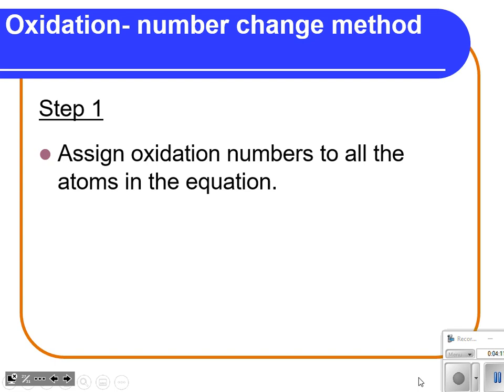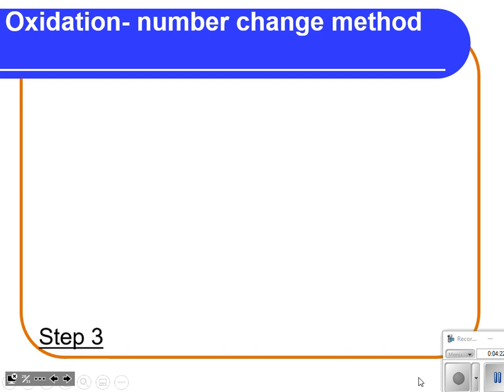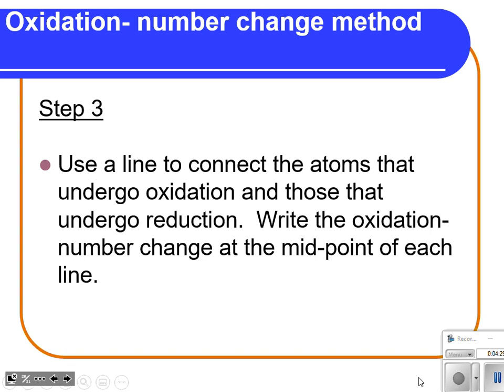Step number 2 is to identify which atoms are oxidized and which atoms are reduced. The third step is to use a line to connect the atoms that undergo oxidation and a line to connect the atoms that undergo reduction. And you need to write the oxidation number change at the midpoint of each line.